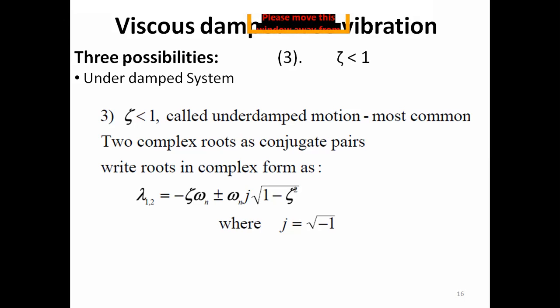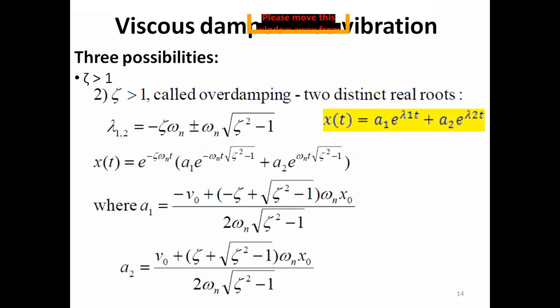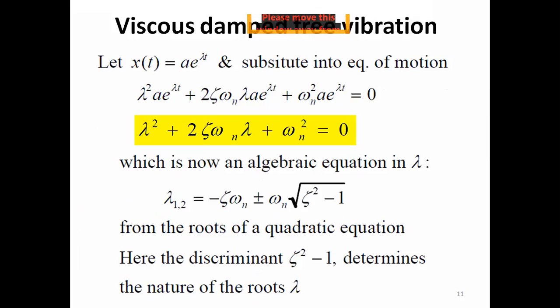So in this case, if we look at the roots, if zeta is less than 1, and if we take the square of that quantity which is less than 1, it would further decrease. So in this case, the discriminant would be negative. Discriminant would be a negative quantity.